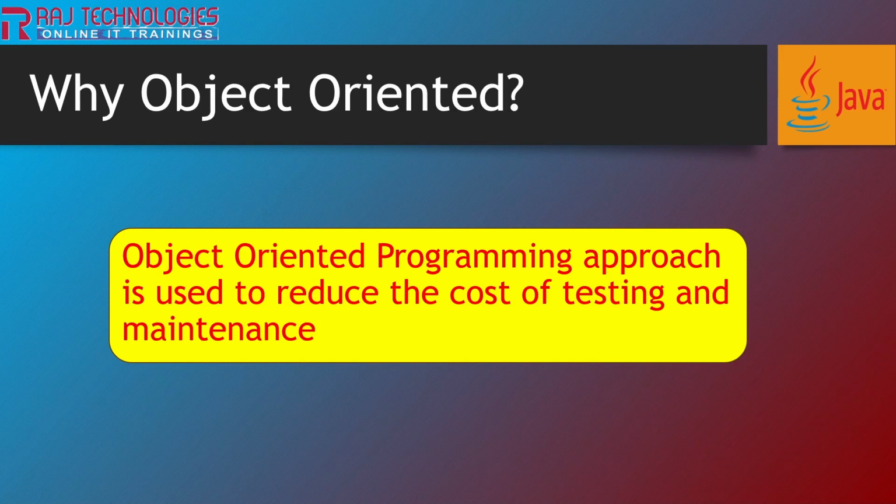When I ask the question during interview times, why object-oriented, many people will say concepts like object, class, inheritance, abstraction, and so on. But what is the main need of going with object-oriented? Why do we choose object-oriented? This is the main point we should say during interview time: the object-oriented programming approach is used to reduce the cost of testing and maintenance.